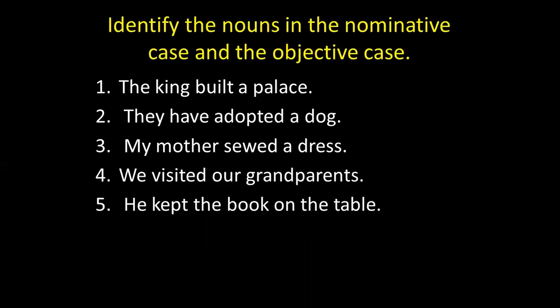Fifth one, he, nominative case. Book is the objective here. What was kept on the table? A book. Therefore, book is in objective case.